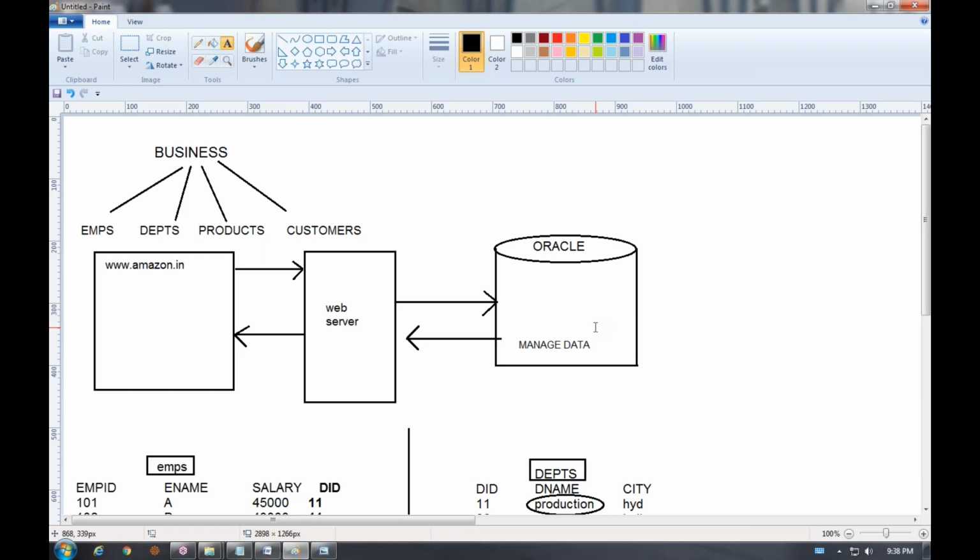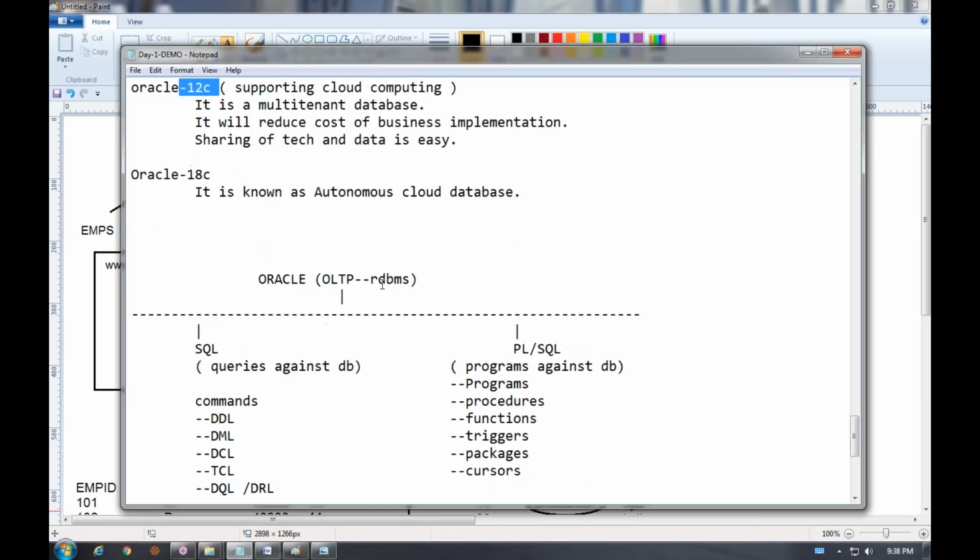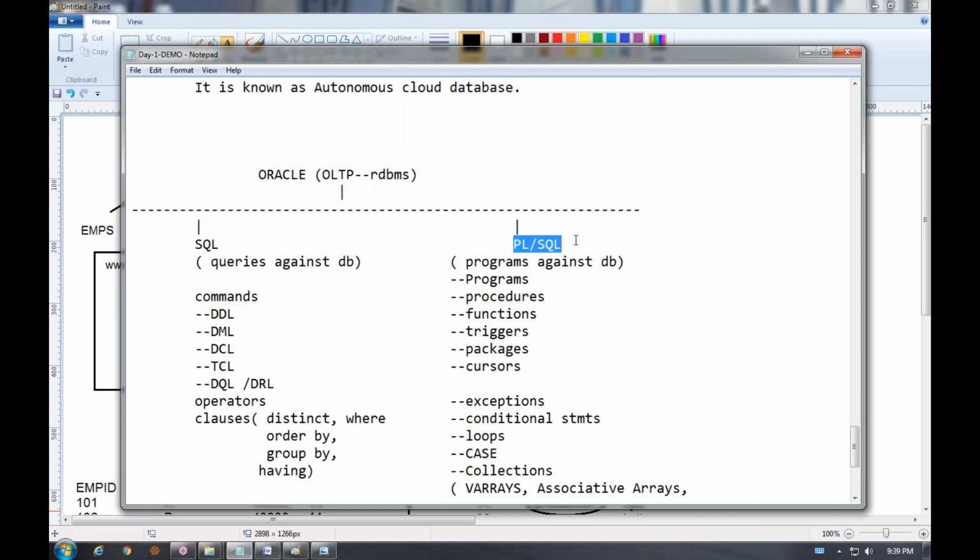You can do that technically by using SQL and PL/SQL. Remember, all of you: storing data, accessing data, controlling users, managing data, everything you can do by using SQL and PL/SQL.